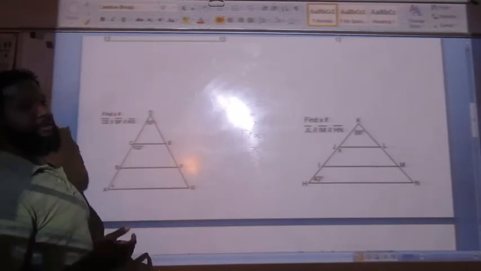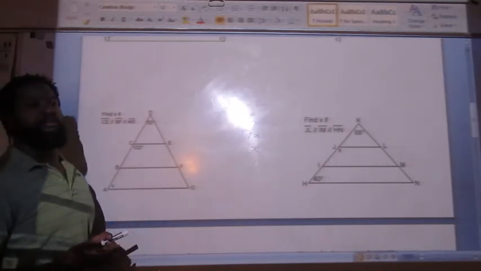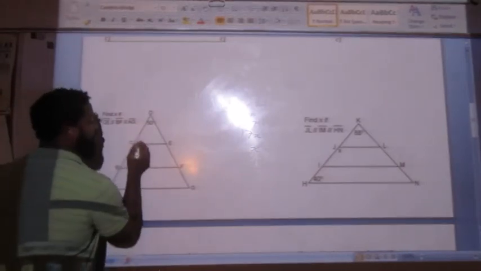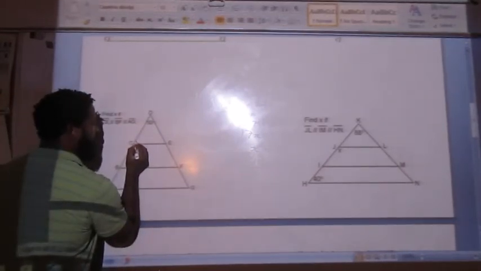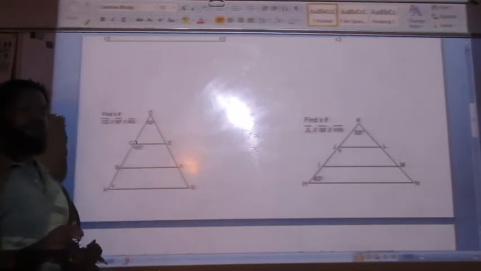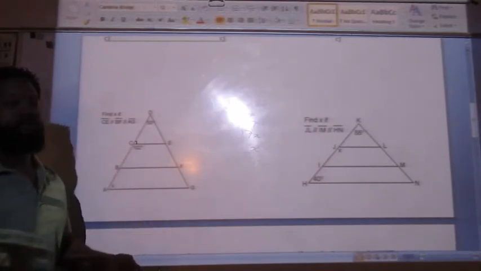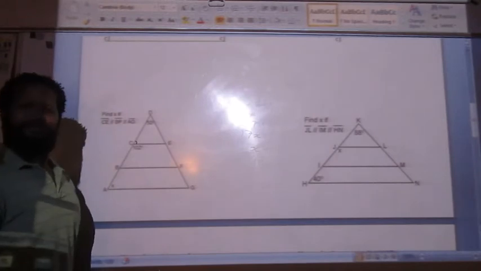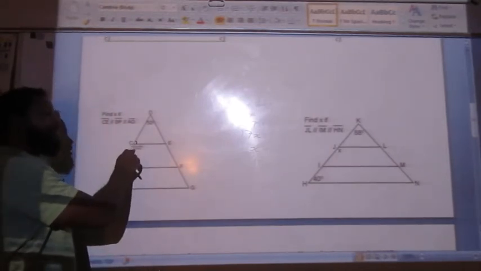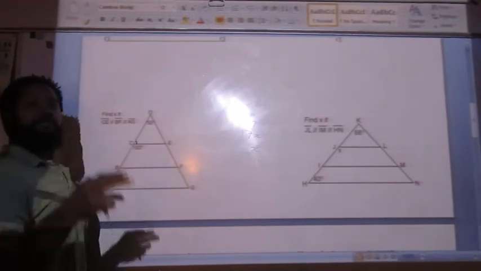A good way for you to do this is to just use the supplementary rule, because on the other side of C, this angle plus this angle is equal to how much? 180. So what is 180 minus 102? 78.